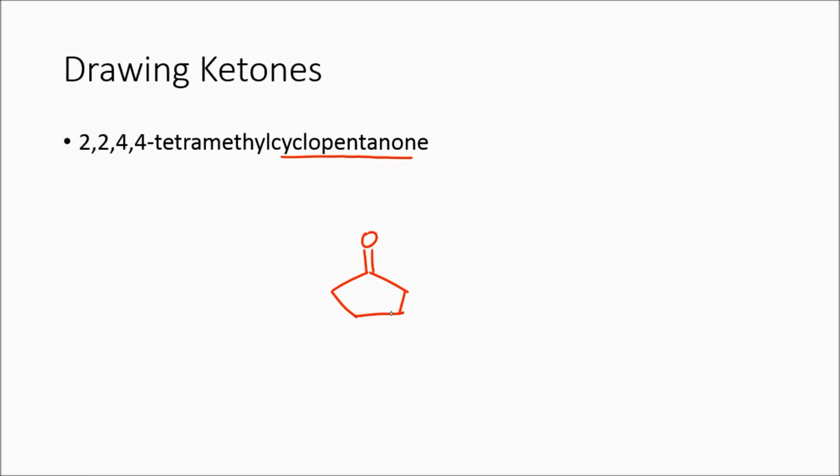So there's 2, 3, 4. I have 2 methyl groups at my 2 position, and 2 methyl groups at my 4 position. And so this is 2,2,4,4-tetramethyl cyclopentanone. Again, because my ketone group defines my number 1 position, that is how it's going to be. And we don't need to put down 1 here.